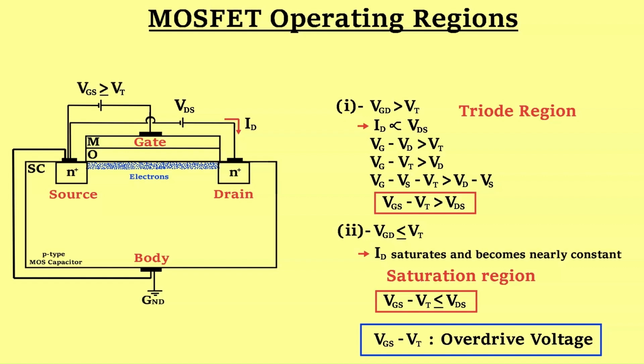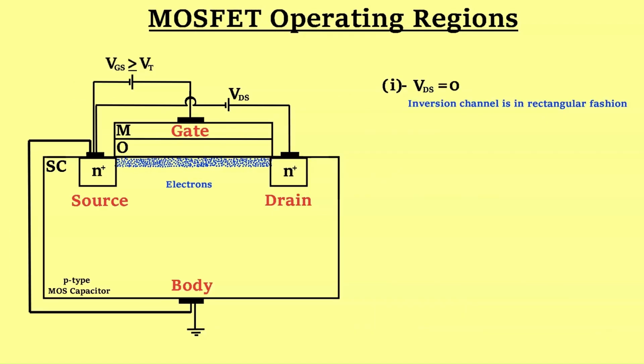When the MOSFET is operating in the triode and saturation region, there is a significant difference in the shape of the inversion layer. Consider the p-type substrate MOS capacitor with gate to source voltage greater than threshold voltage, such that the inversion layer is already present. Initially, when no drain to source voltage is applied, the charge carriers in the inversion layer are more or less distributed in a rectangular fashion.